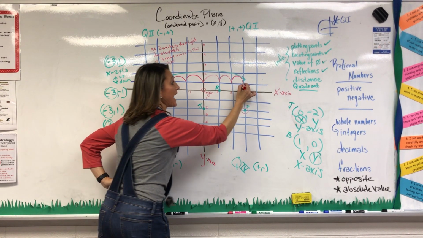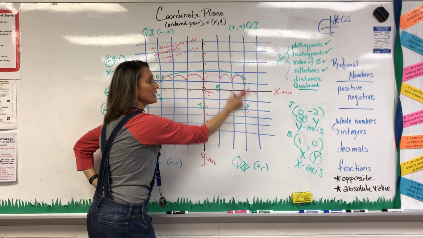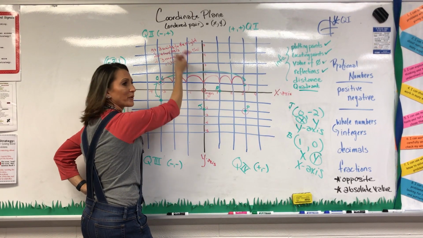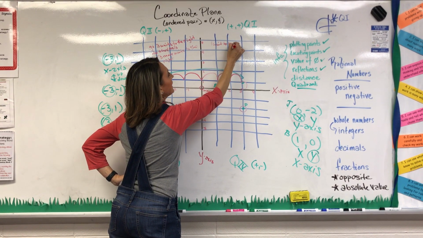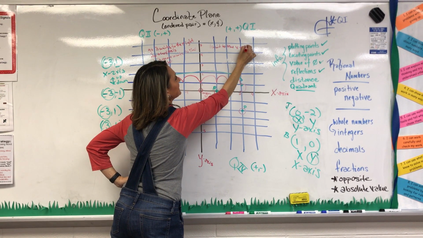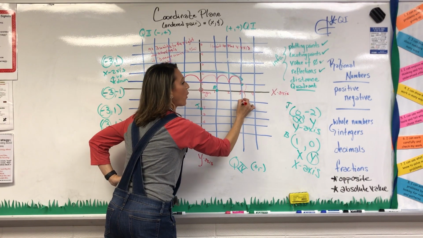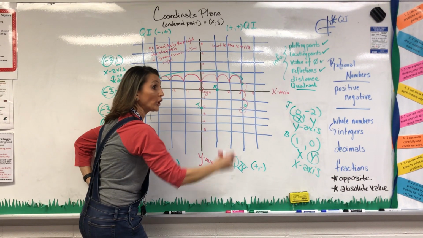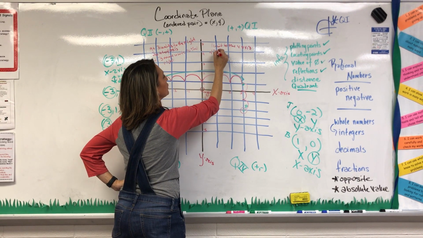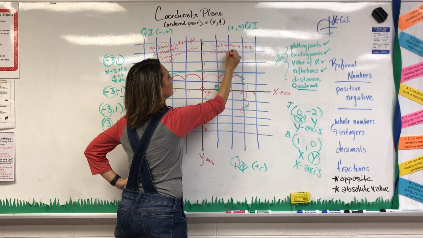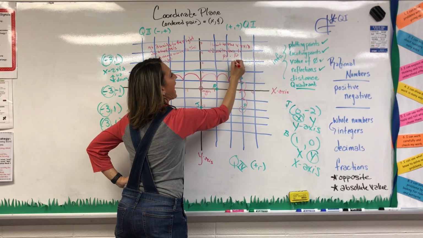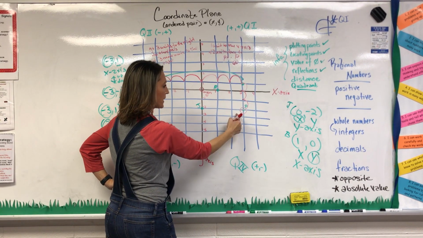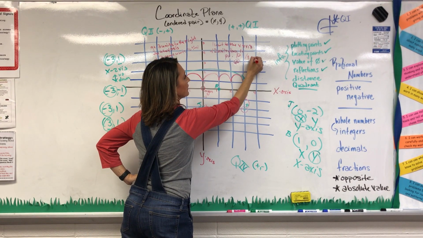And then I'm going to go down 1 unit to the x-axis, and I would write that out, 1 unit to the x-axis. And then I'm going to go 1, 2 more units down, plus 2 units down to point P at 3, -2.